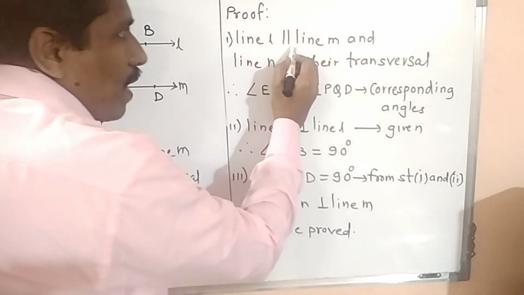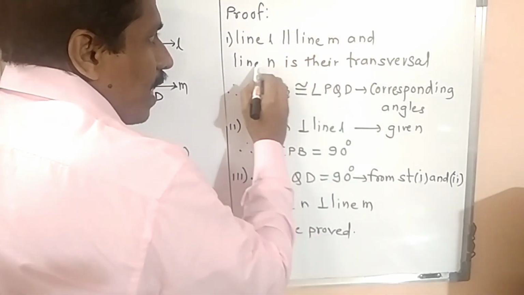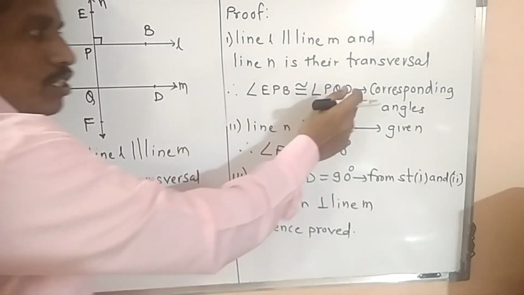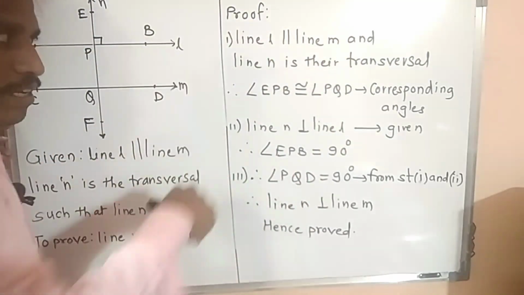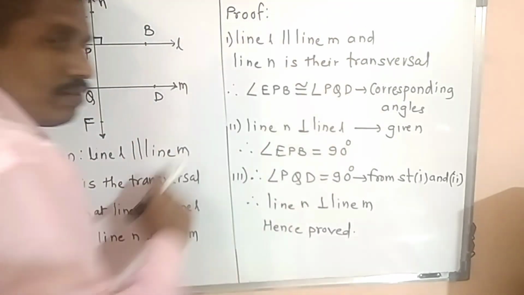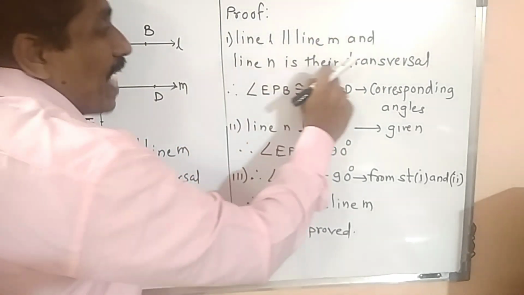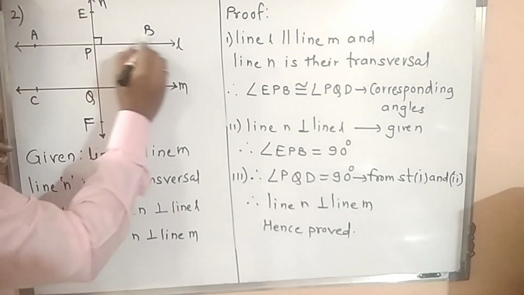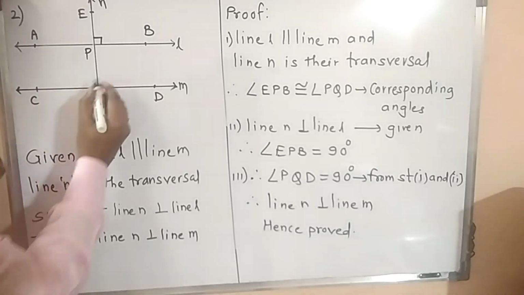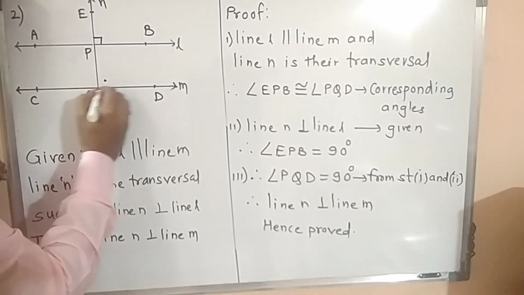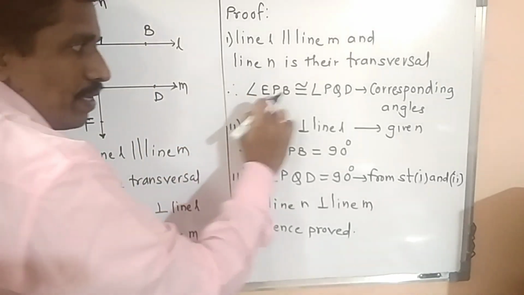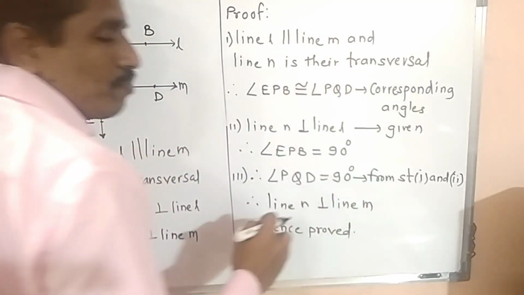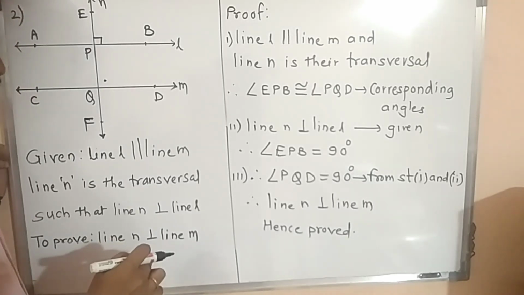Line L is parallel to line M and line N is their transversal. What is the corresponding angles theorem? When lines are parallel, corresponding angles are congruent, and therefore this is angle EPB and this angle is angle PQD. Angle EPB is congruent to angle PQD. Reason, corresponding angles theorem.